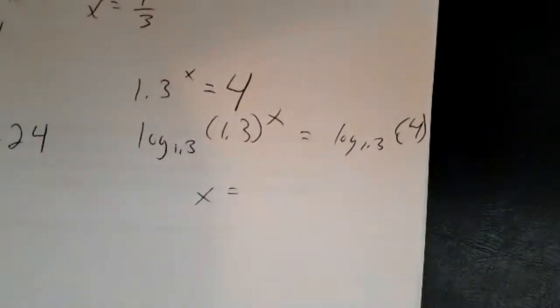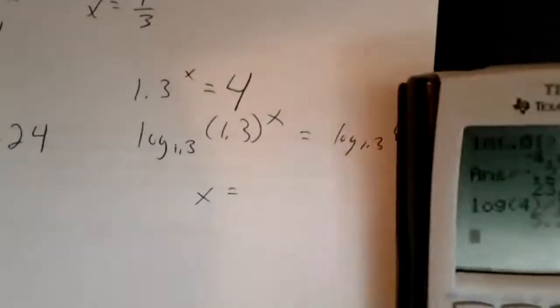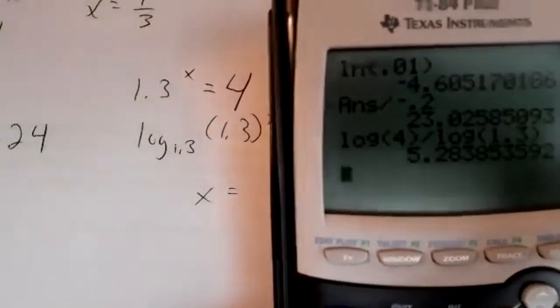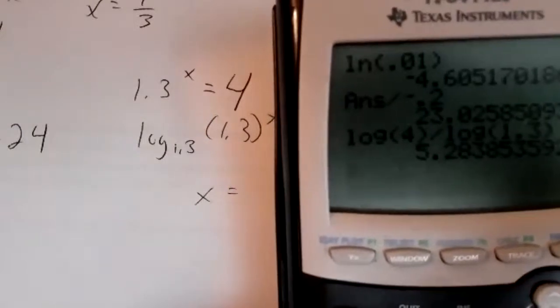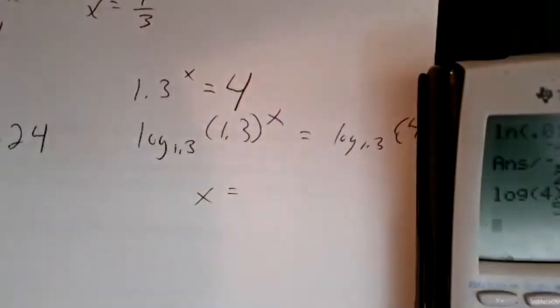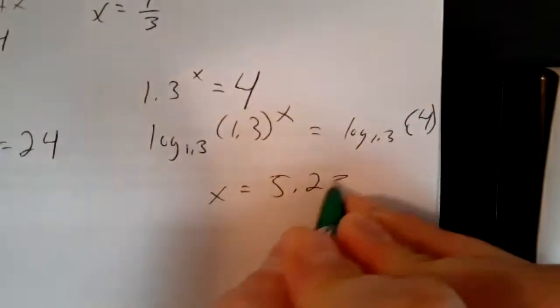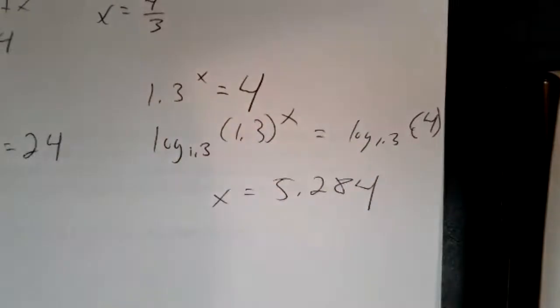So we're doing log of 4 over log of 1.3. That's giving me something like 5.2838, so I guess I go to 5.284.